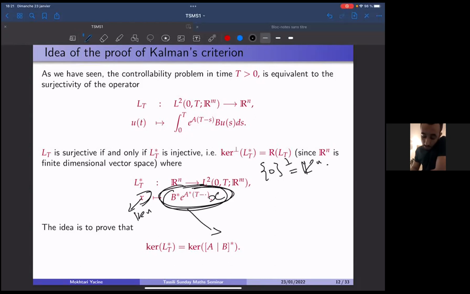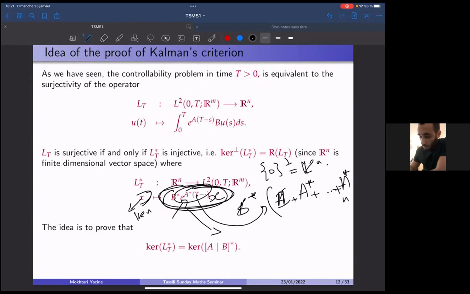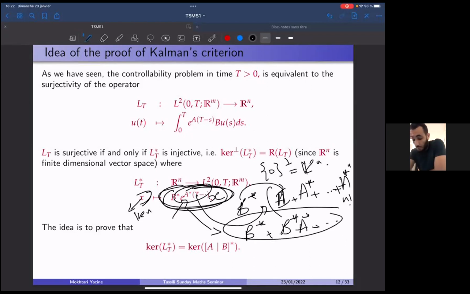Intuitively, if we expand this matrix exponential, for instance, we can take B star and expand the exponential in a Taylor series. This gives identity plus A star plus A star squared over 2 factorial, etc. And if I apply B star, then we obtain B star plus B star A star, etc. This gives an intuitive proof of the Kalman criterion. I will not get into the details, but it can be proved this way.